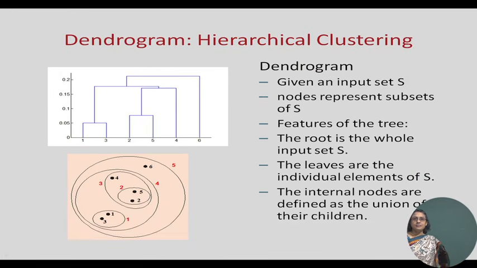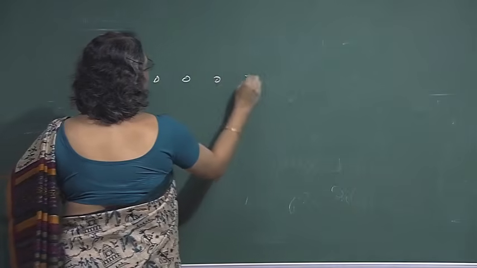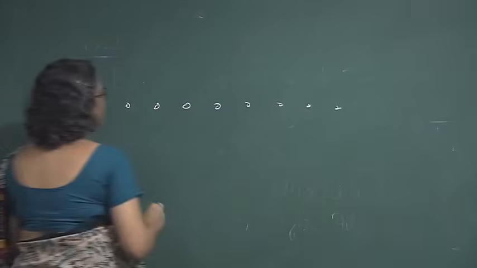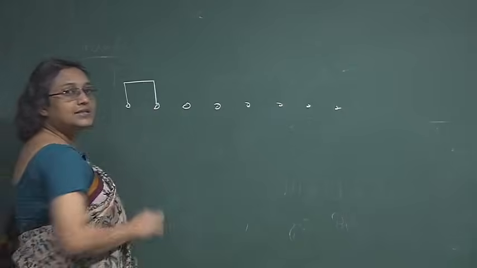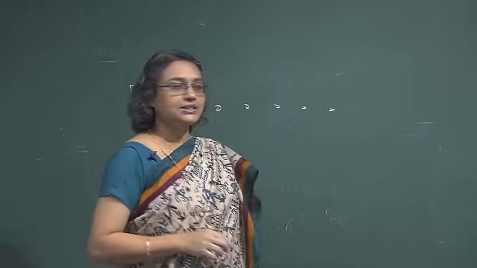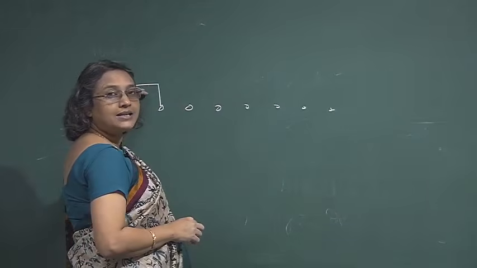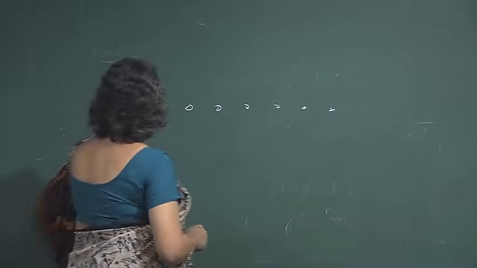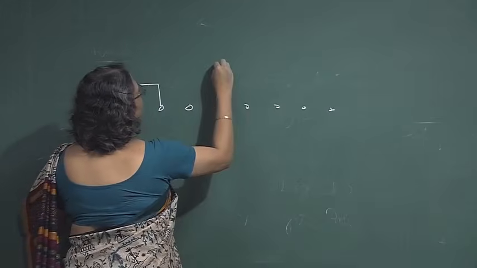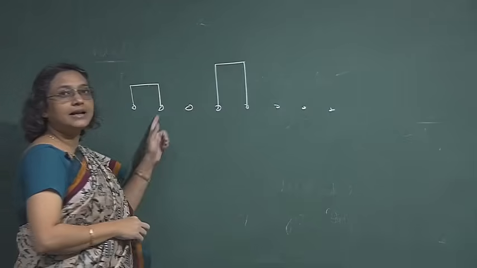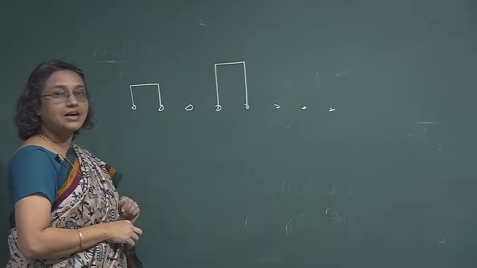Now, the bottom up hierarchical clustering gives rise to a structure called the dendrogram. So, what is happening is that if you have the different objects, suppose these two objects are the most similar to each other, they are merged at step 1. Then at step 2, the next most similar objects are merged.